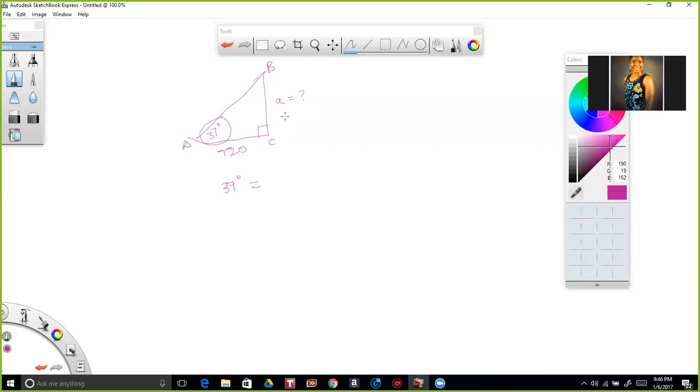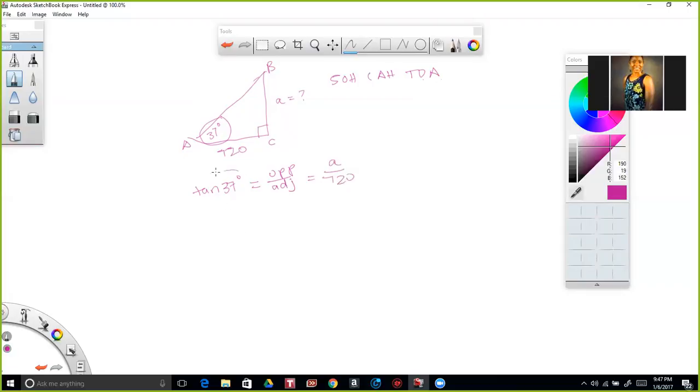What trig function deals with opposite and adjacent? Let's write our acronym, SOHCAHTOA. That really helps me. Opposite over adjacent, so we're dealing with tangent. Tangent is the opposite over the adjacent. Opposite is A, adjacent is 720.